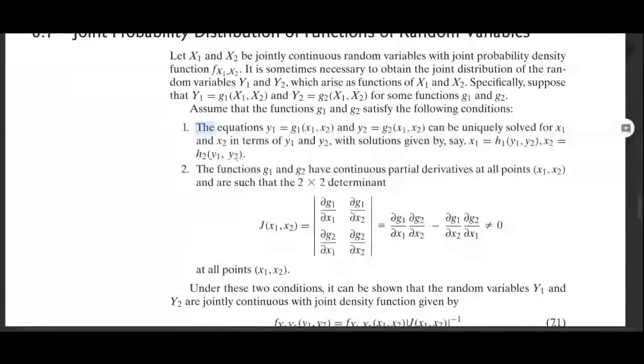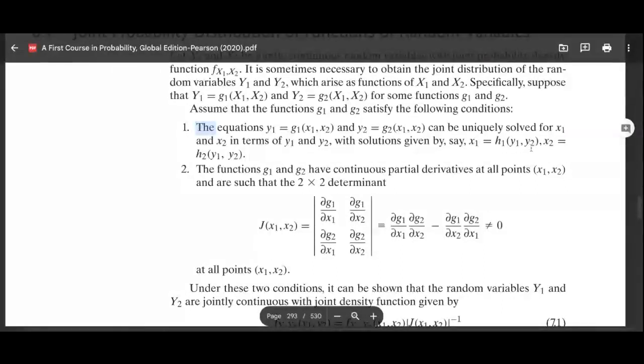First, the equations y1 as a function of x1, x2, and y2 as a function of x1, x2, can be uniquely solved for x1, x2. Yeah, the uniqueness is always required. In terms of y1 and y2, this is very similar to vector calculus, with solutions given by saying x1 can be represented as a function in terms of y1, y2.